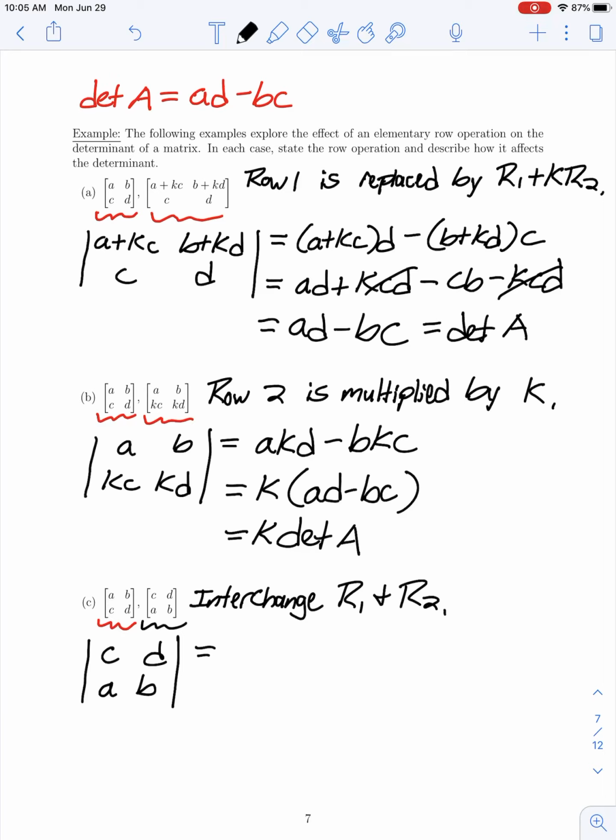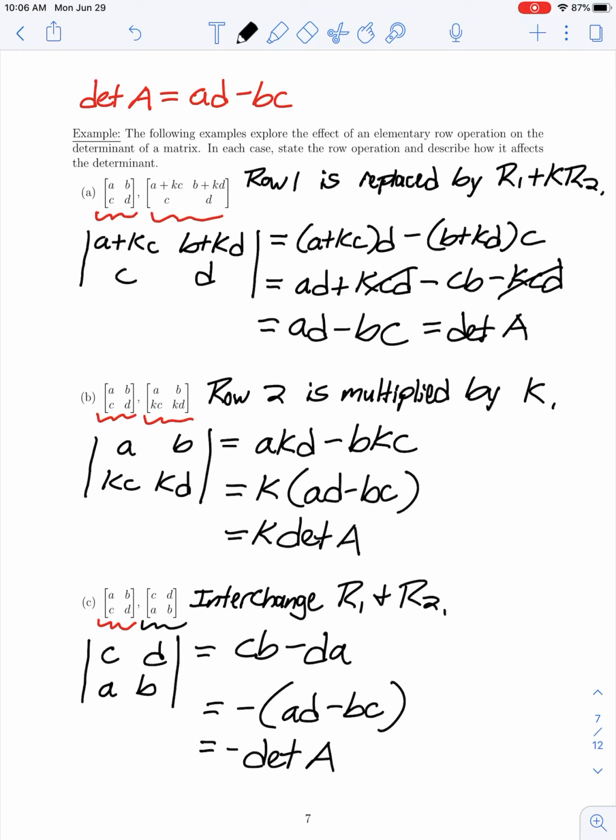The product of our diagonals would be C times B, minus the product of the off diagonals, D times A. So if we factor out a negative from each term, I would have a positive A times D minus B times C.